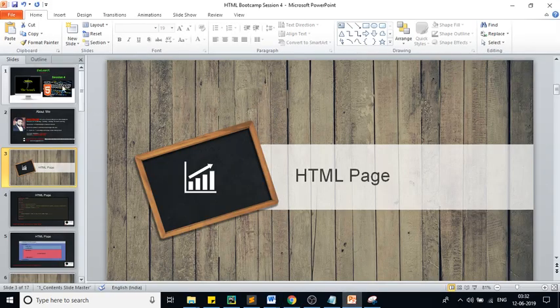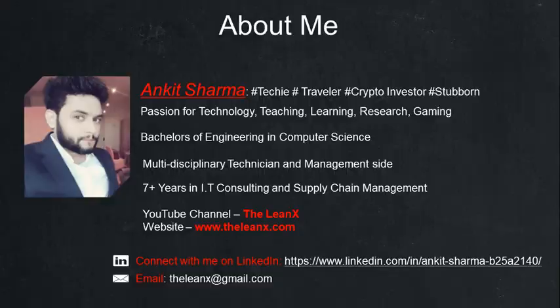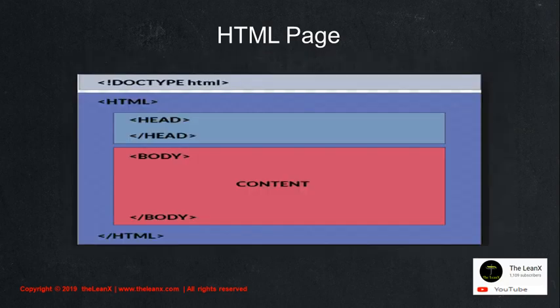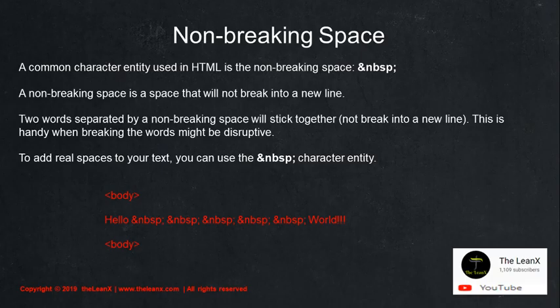So what we have seen in today's session, we will revise again. We have executed one HTML page. We have seen again the basic structure of HTML, how the HTML structure is divided. HTML has two sections, head and body. Head will give you information about the head section. Body will contain all the content of the HTML page. Then we have seen non-breaking space, which is used to give spaces between two characters or two words.